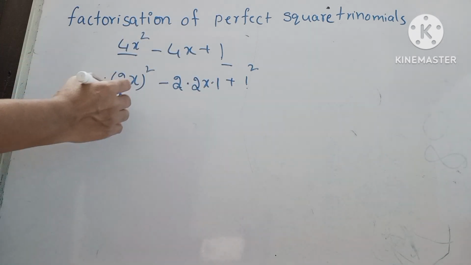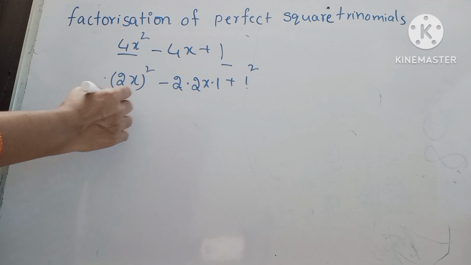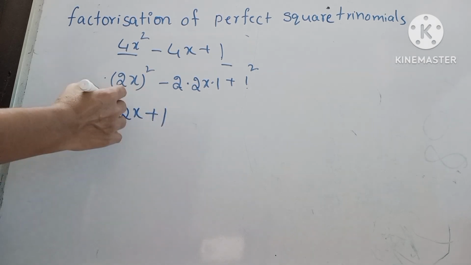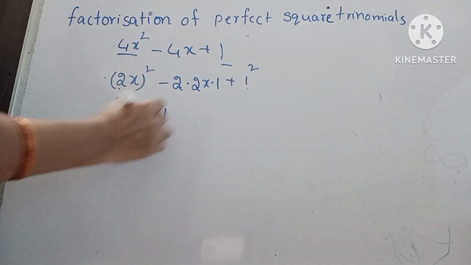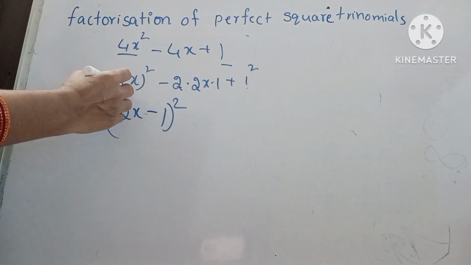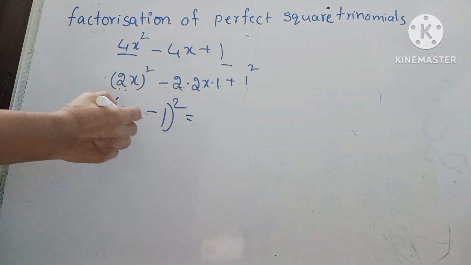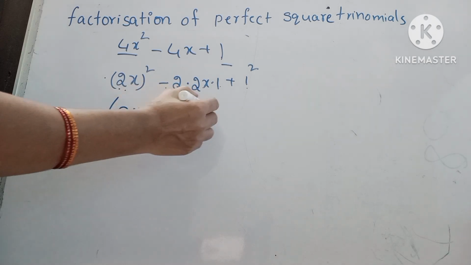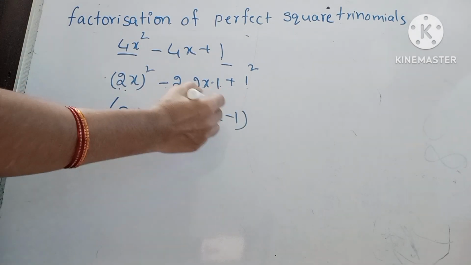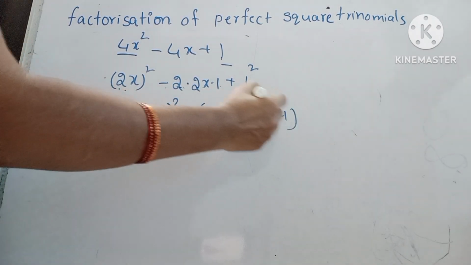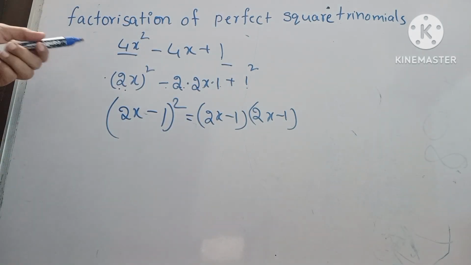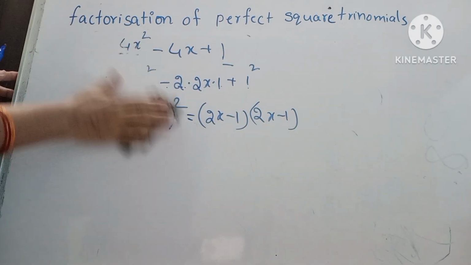So this can be written as 2x minus 1 whole square. A square minus 2ab plus b square formation ఉంది కాబట్టి then a minus b whole square form, which is 2x minus 1 whole square. So 2x minus 1 times 2x minus 1. These are the factors of 4x square minus 4x plus 1.